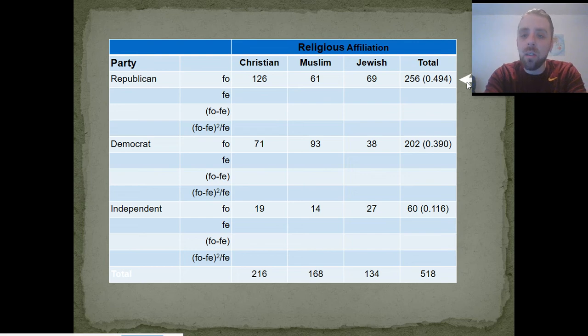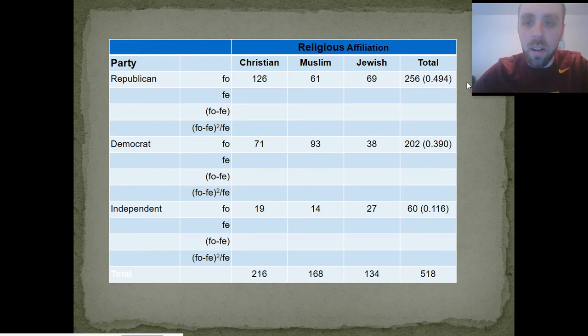I need to take 0.494, and I need to multiply it by 216. Put another way, I need to multiply the total percentage of Republicans times the total raw value of Christians. And that will give me the raw value that's expected if 49.4% of Christians are Republican.